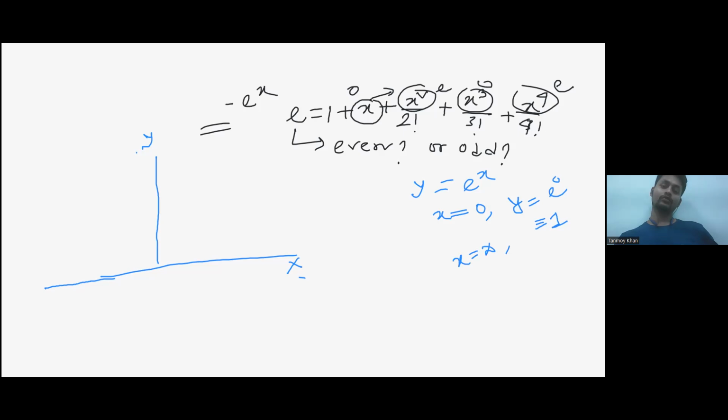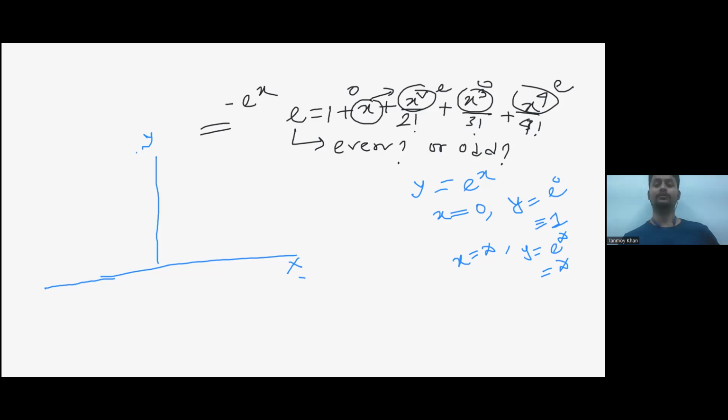This is a never-ending function, and putting something to the power infinity will obviously give a value of infinity.